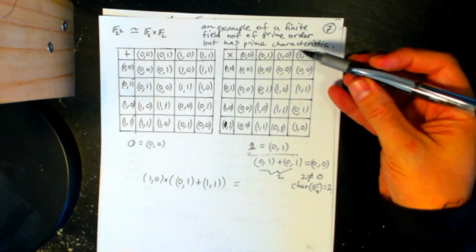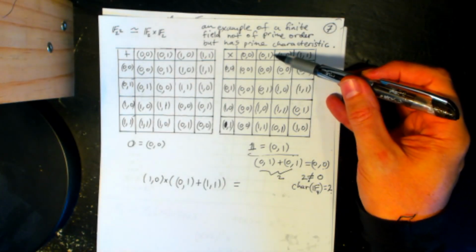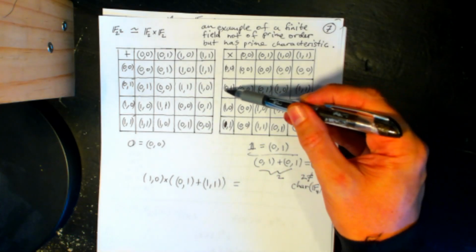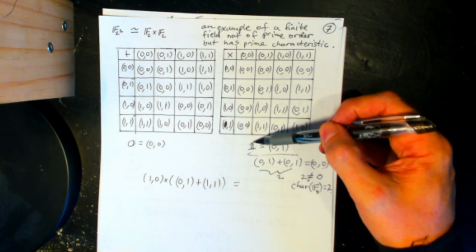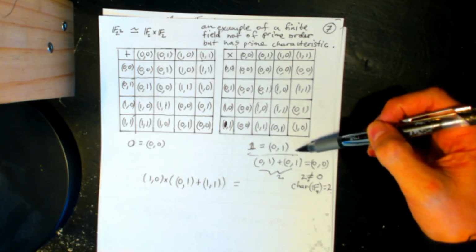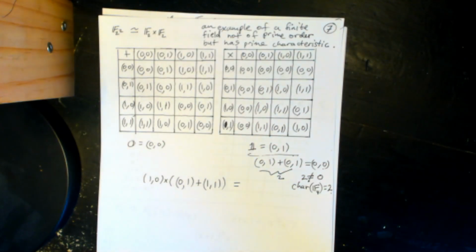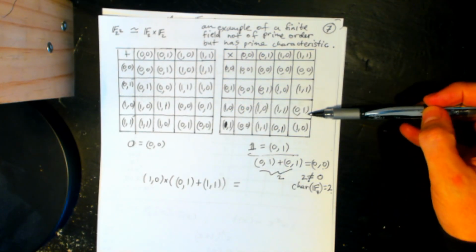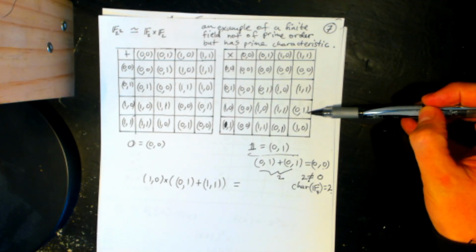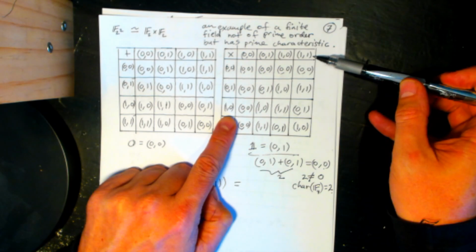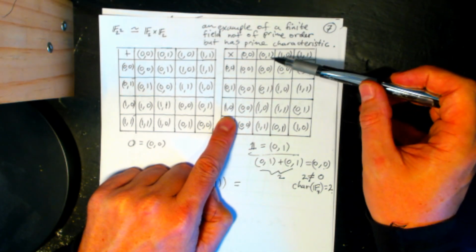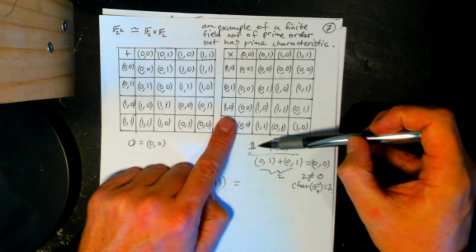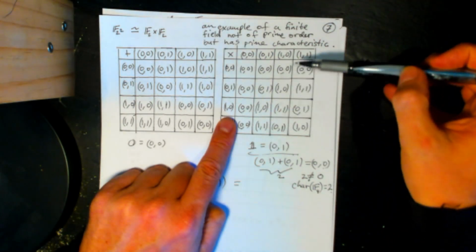Okay, so here we have defined 0, 1 times 0, 1 is 0, 1. 0, 1 times 1, 0 is 1, 0. So we can see that this is acting as our neutral or identity element of the multiplicative structure here. And then let's just take another example. 1, 0 times 1, 1 is 0, 1. So these two, 1, 0 and 1, 1, are multiplicative inverses because this one here is the multiplicative identity element of this multiplicative structure.